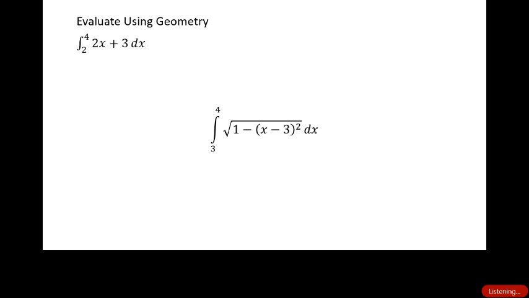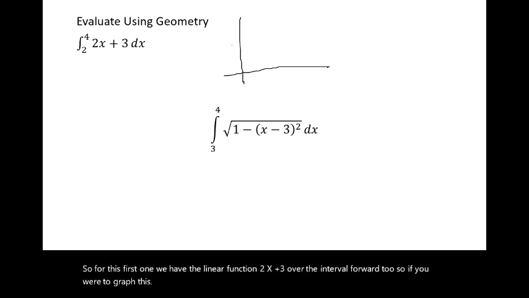So for this first one, we have the linear function 2x plus 3 over the interval 2 to 4. So if you were to graph this, the line 2x plus 3 would look something like this. And then if you were to section off the area between x equals 2 and x equals 4, you would form a region like this.